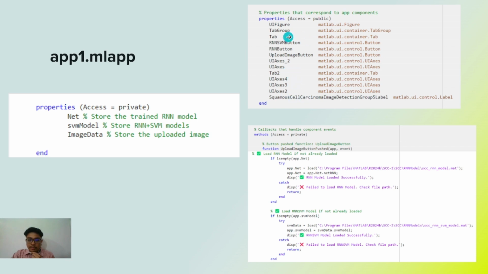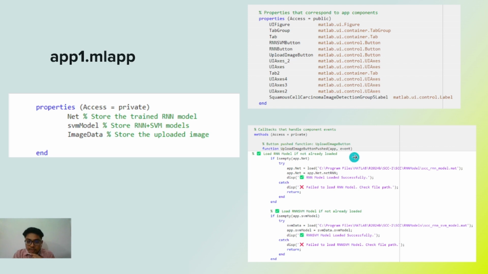Also we have a tab here, and this part holds the properties for the RNN model, the RNN plus SVM model, and the uploaded image. They are net, SVM model, and image data.